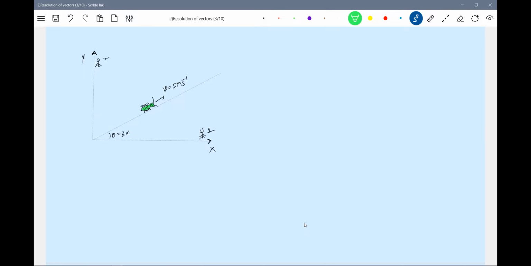We'll ask them in what direction that particular ant is crawling or moving. The ant is moving along this specific line. Now we are asking ourselves a question: this person will ask about the crawling ant.